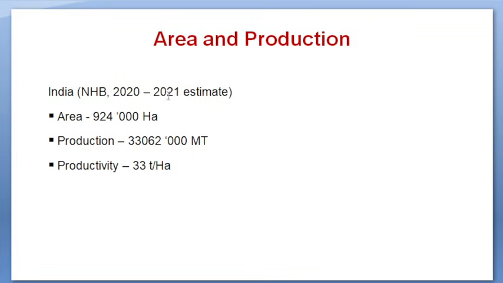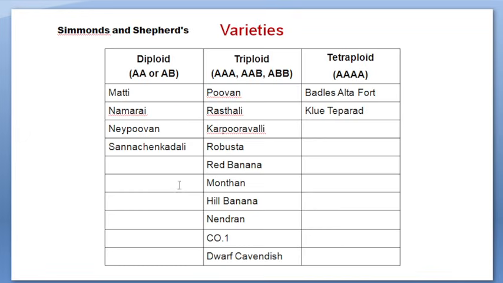As per the 2021 estimates, the average productivity of banana in India is 33 tons per hectare. Simmonds and Shepherd are the two important scientists related to banana crop. They developed some of the banana varieties based on ploidy level.